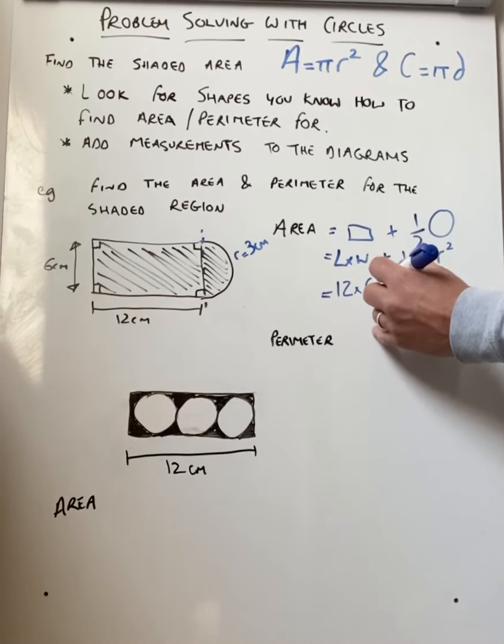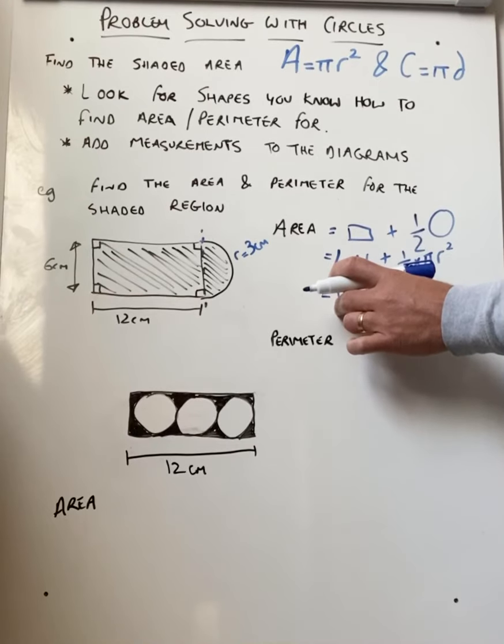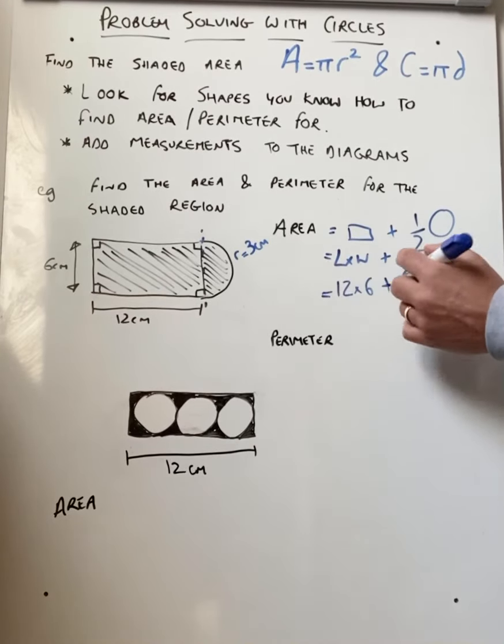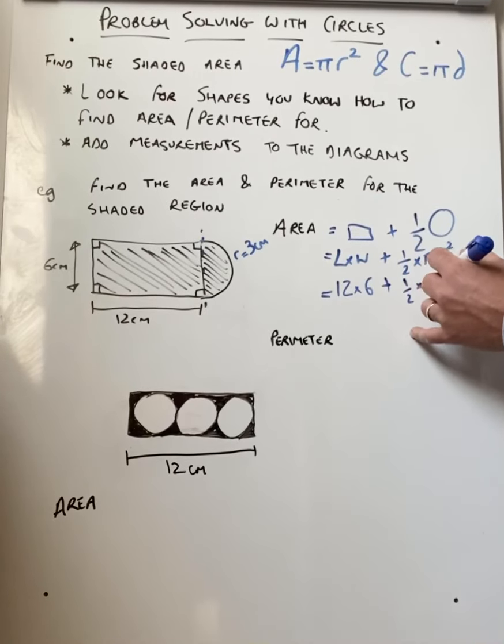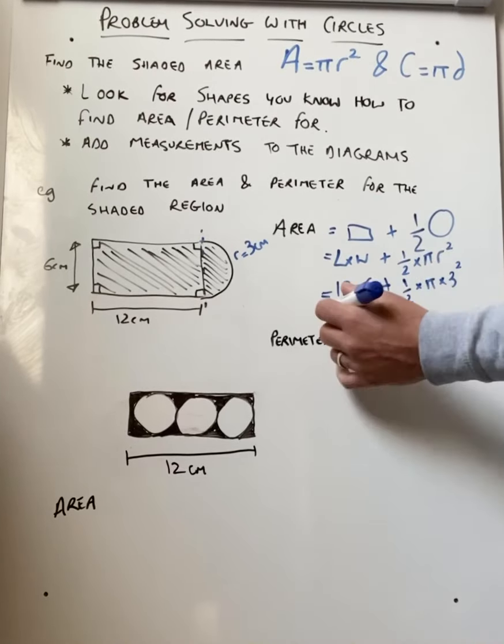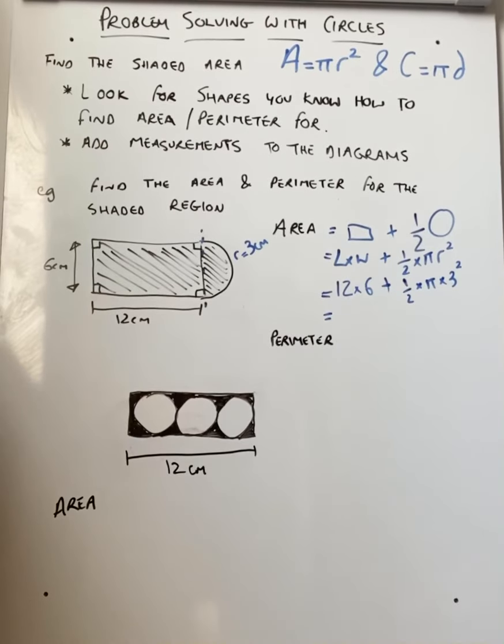So if I go back to my formulae, I did the 12 times 6 for the area of the rectangle. I'm now going to do a half times pi times 3 squared. Now we can leave our answer as an exact value in terms of pi, or we can give it as a decimal. At this point though, I'm just going to put all that into my calculator and give you the answer as a decimal.